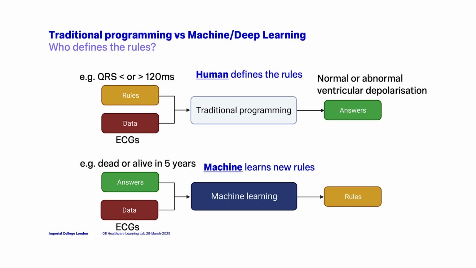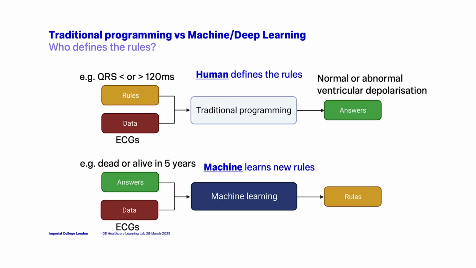For example, if you want to look at people with normal or abnormal ventricular depolarization, you might write a script to say, look at the QRS. If it's more than 120 milliseconds, call that abnormal. If it's less than that, call that normal. But the key thing here is the human has defined the rules, and therefore we are entirely limited to what the human has learned over the last 100 years.